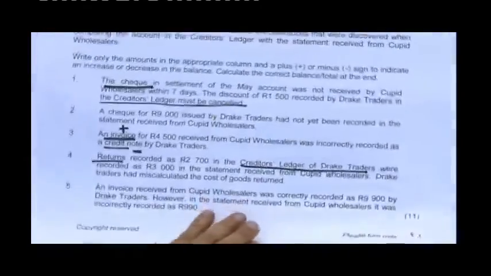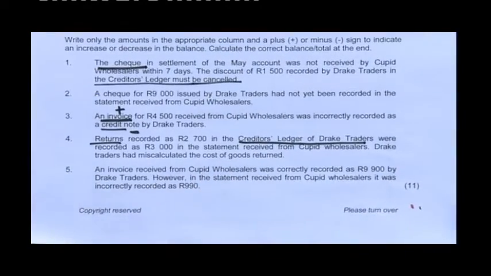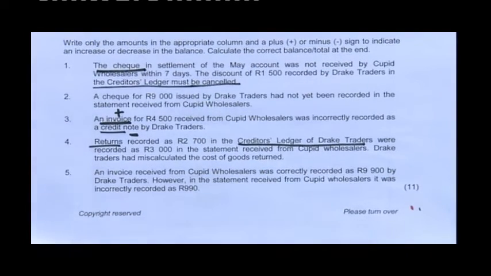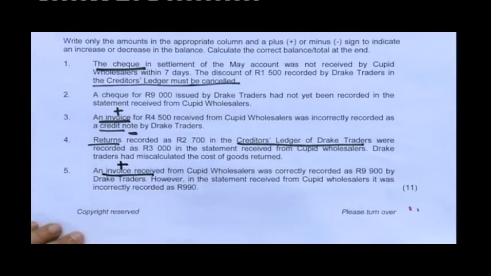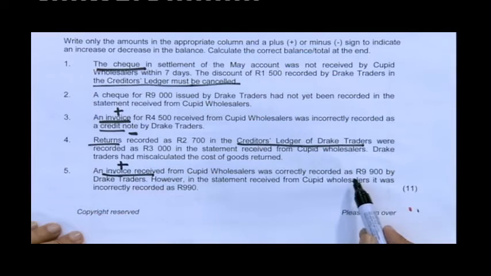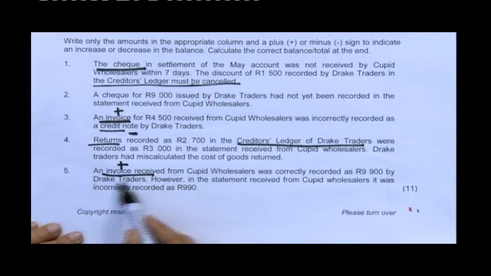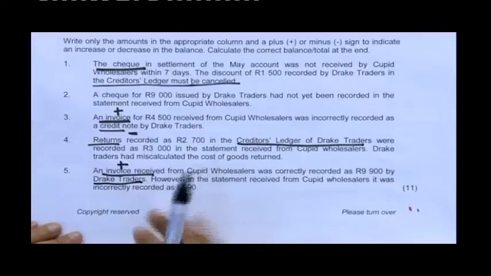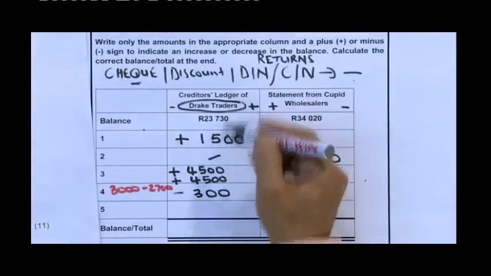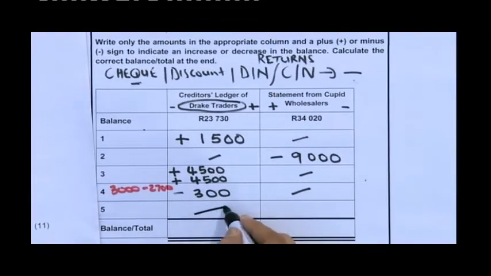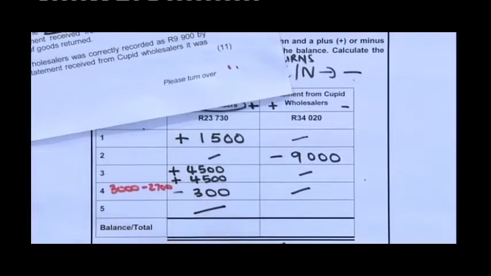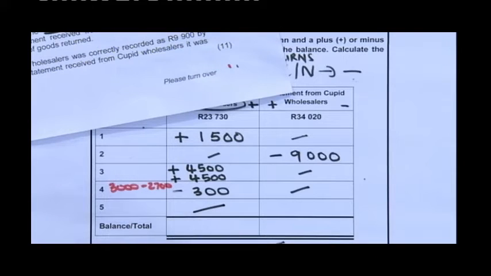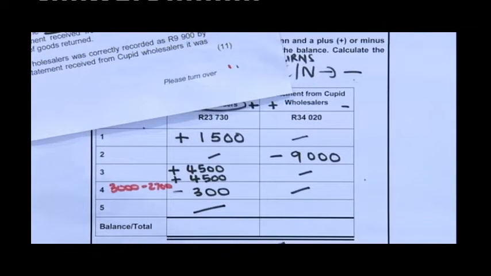Okay. Then transaction number 5. It says an invoice received. So again, the invoice that's associated with adding was correctly recorded as 9,900 by Drake, which means in your ledger that was recorded as 9,900, which means that is correct. But on the statement the figure shows only 990.